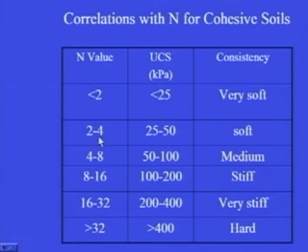If it is between 2 and 4, this is 25 to 50 kilopascal, soft consistency, 4 to 8, 50 to 100 kilopascal, medium consistency, 8 to 16, 100 to 200 kilopascal, stiff consistency, 16 to 32, 200 to 400 kilopascal, very stiff, and if it is greater than 32, then the unconfined compressive strength will be more than 400 kilopascal and it is a very hard clay.